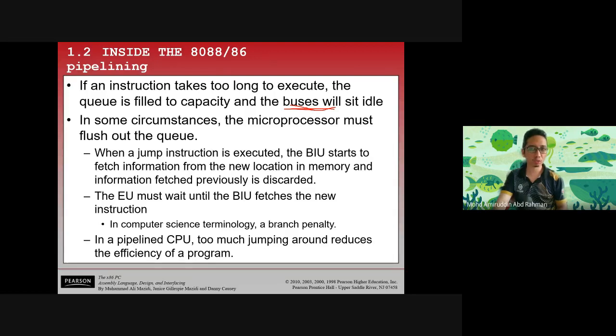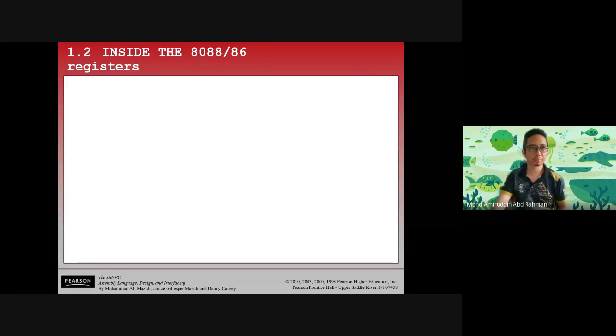Of course, when there is too much jumping, the instruction hasn't yet finished and you discard it, and then you do the next one. Of course, it will reduce the efficiency of the program. Okay, I stop here for today. We will continue again next Tuesday. So that was about the pipeline technology.